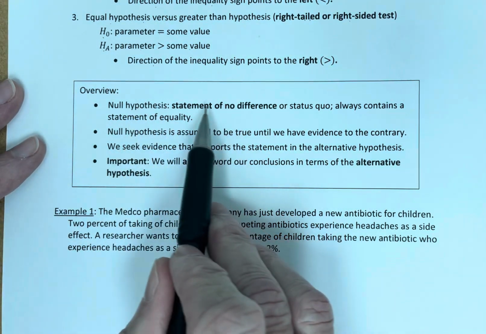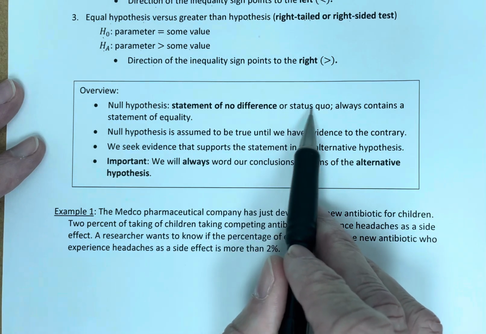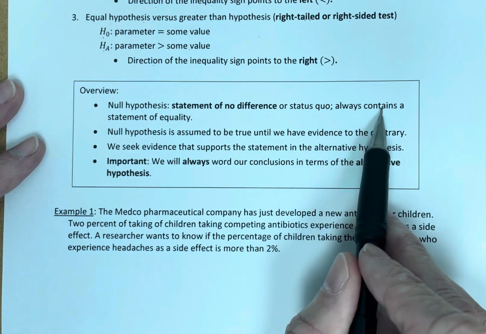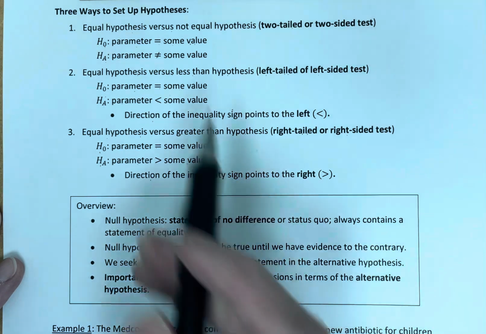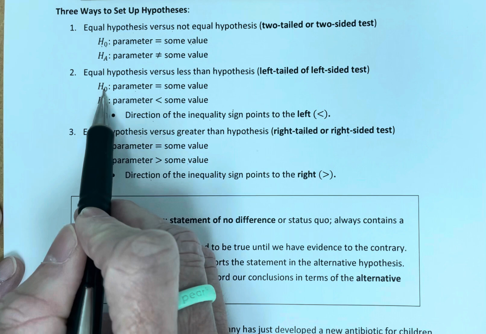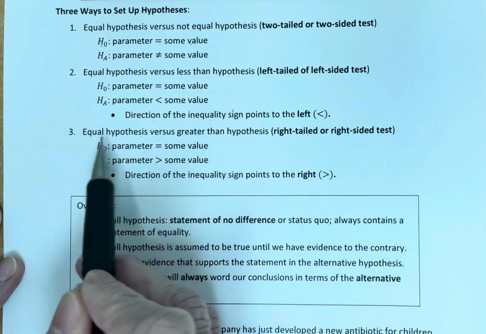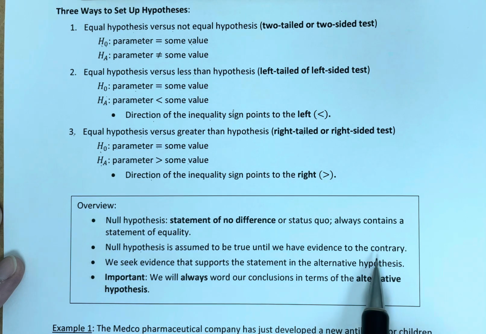An overview here, putting this together in another way for us. The null hypothesis is a statement of no difference or a statement of status quo. It always contains the statement of equality. Null hypothesis, parameter equals. The null hypothesis is assumed to be true until we have evidence to the contrary.